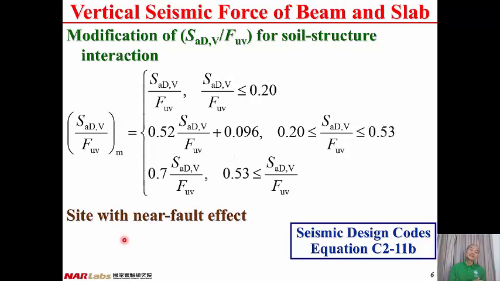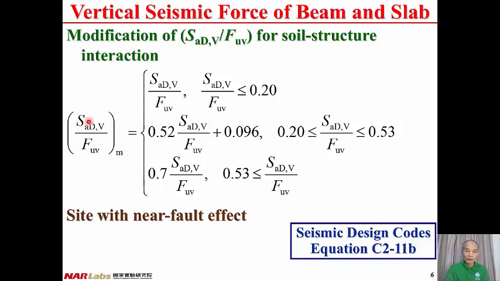If the site is near the fault, so the near-fault effect has to be considered, then the modification of the ratio is given by Seismic Design Code Equation C2-11B. If the ratio is less than 0.20, no modification is necessary.